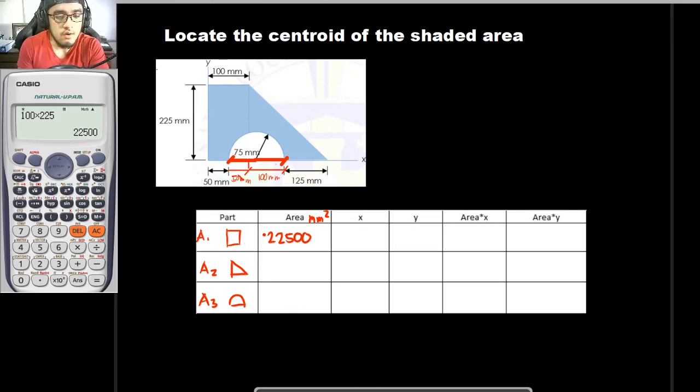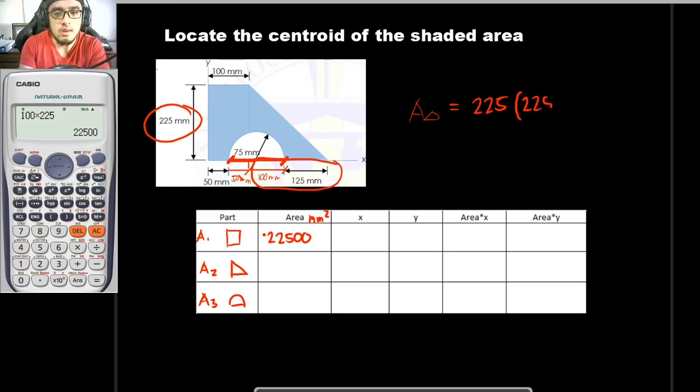So for the area of the triangle, that is to be equal to 225. So this is to be the altitude, and our base is equal to 100 plus 125, and 100 plus 125 is equal to 225 also.